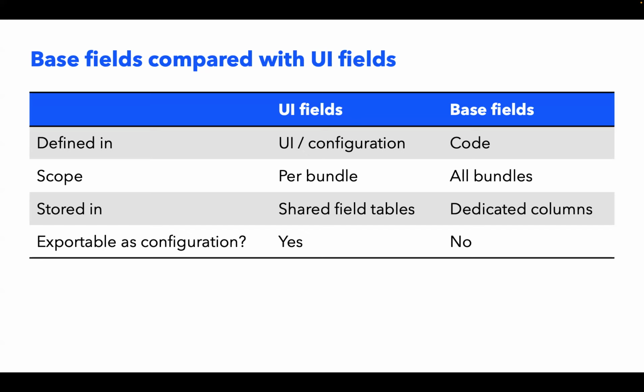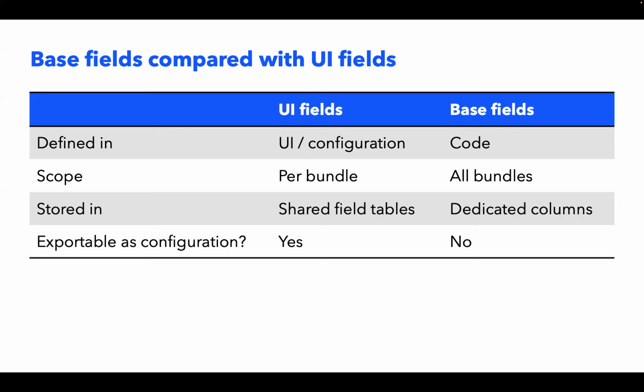Where the data is stored is slightly different. UI fields are usually stored across separate tables within the database, and they are shared. If you use the same field in different content types, they will be stored in the same table, but it is a separate table from where other node data is stored.